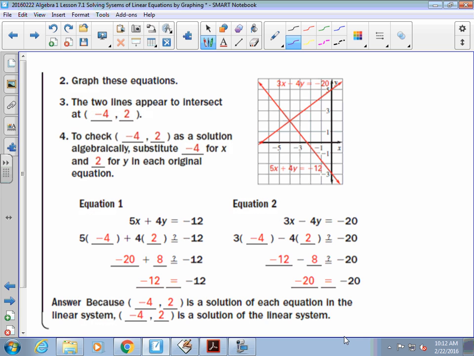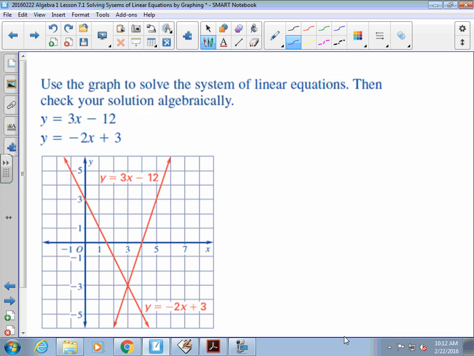On the back, let's do this one. It's already graphed for you. The line with the positive slope is y equals 3x minus 12. The line with the negative slope, because you can see what the m values are very quickly, is y equals -2x plus 3.